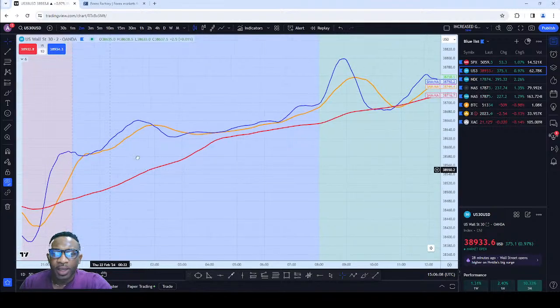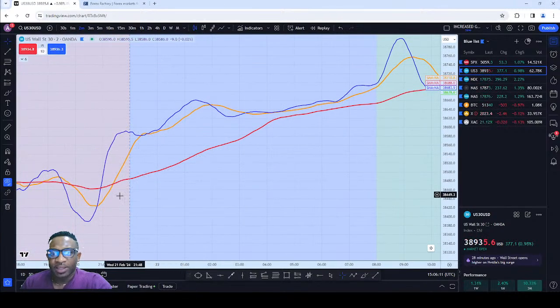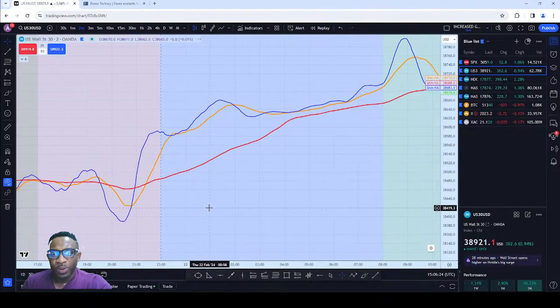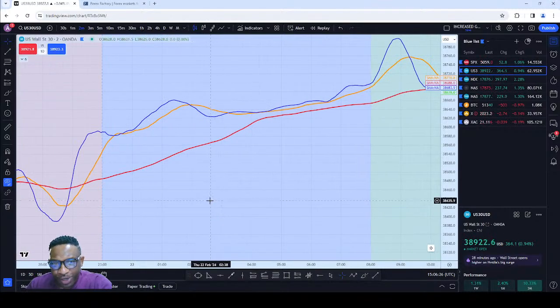I want our eye to be used to picking this out whenever we attempt to trade.